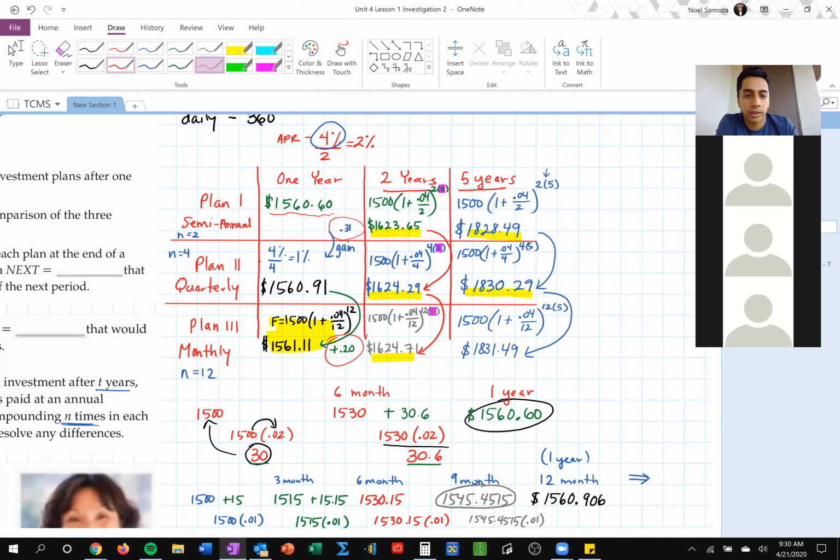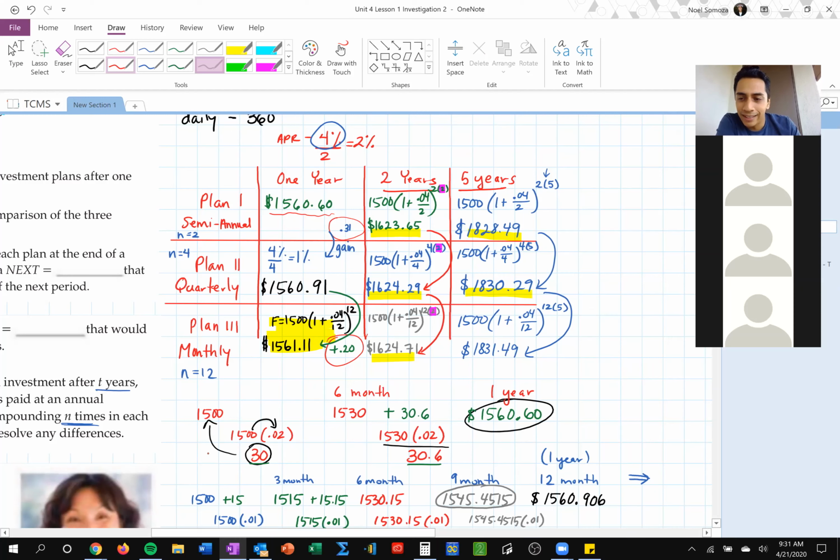So imagine that there would have been a plan 4, and plan 4 was weekly. You compound it 52 times a year. Imagine what that might be. And then what if you compounded it daily, 360 times in a year? What might that look like? We don't know the exact number, but the idea is that if we were to compound things on a weekly basis, you would have more money in the account, a few more cents, than if you would have compounded monthly.